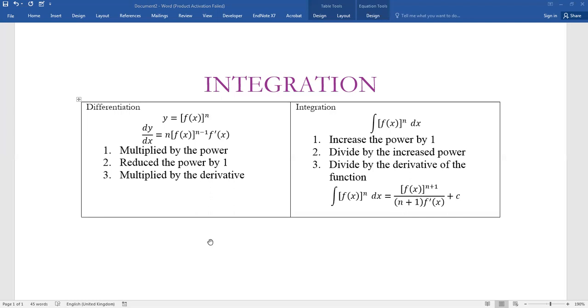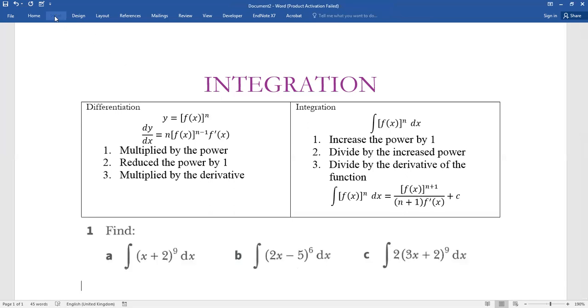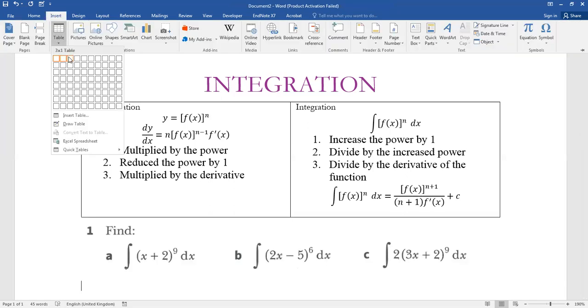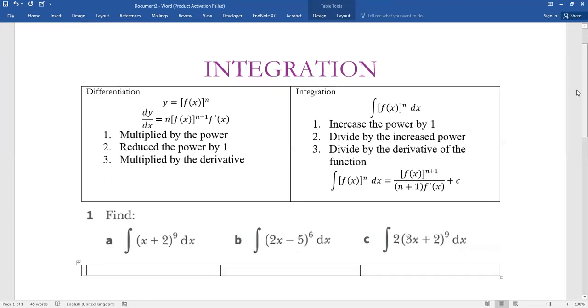Let's try to attempt a few questions from exercise 3.3. Quickly do all these three very easy questions. What about the first one?